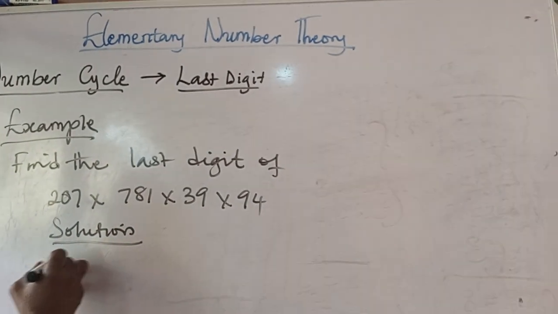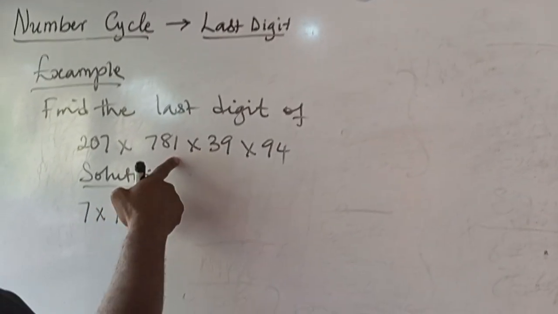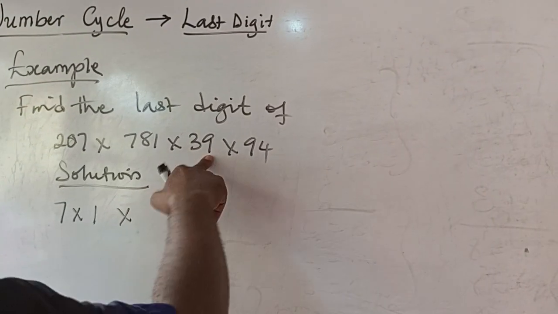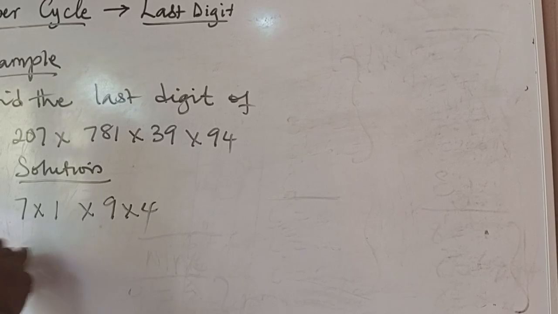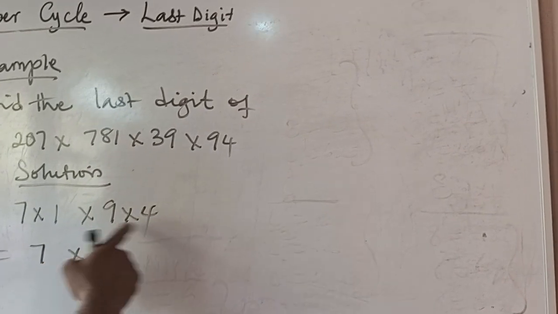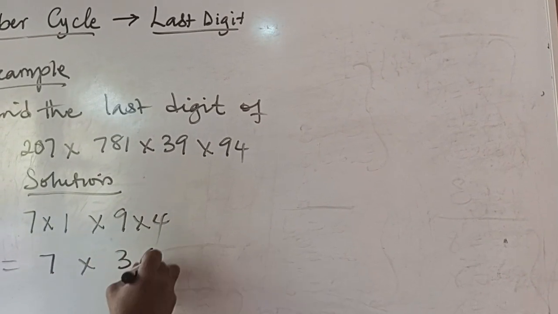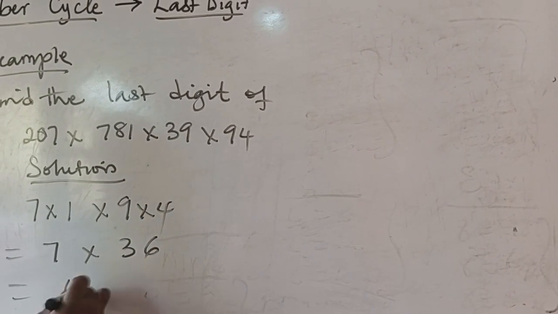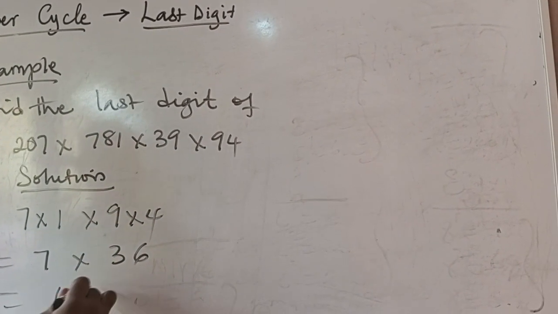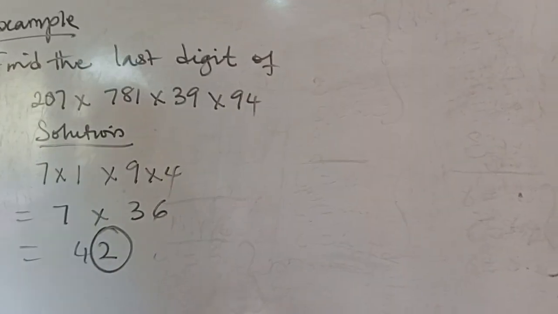So we are going to have 7 times 1, then times 9 times 4. Now 7 times 1 will give us 7. 9 times 4 will give us 36. And then 7 times the last digit here, which is 6, gives 42. And that leaves us with the last digit of this number to be 2.